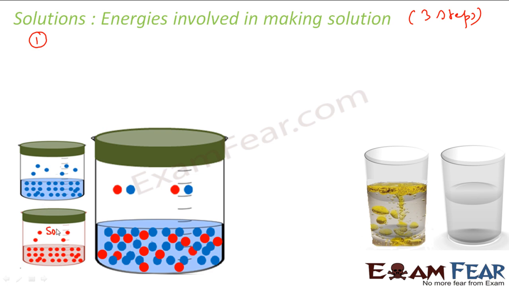Assuming this is my solute and this is my solvent, step 1: the solute has to separate. You have to separate the solute, and this delta H is positive. Heat is required. This is endothermic.